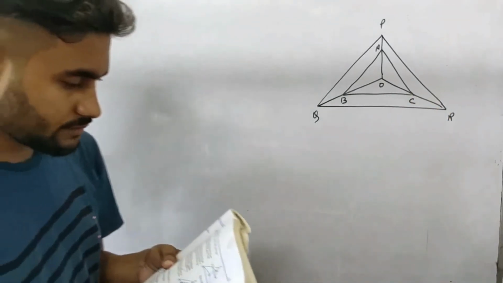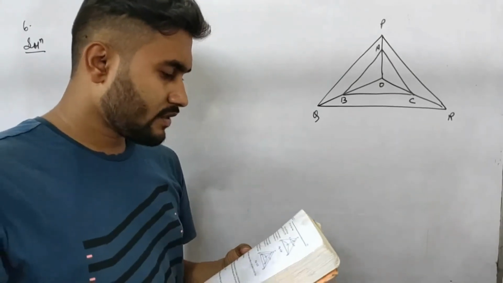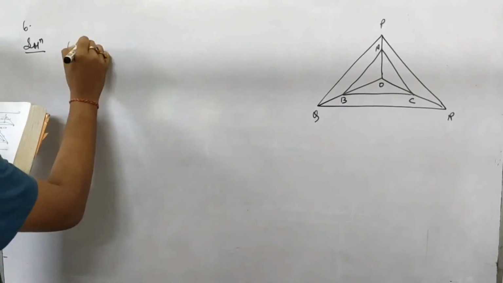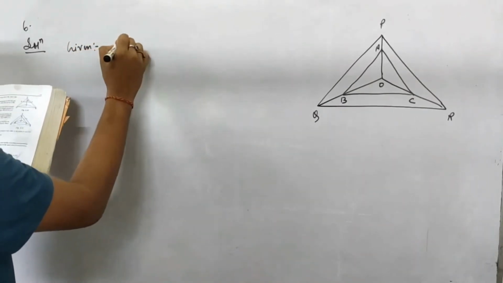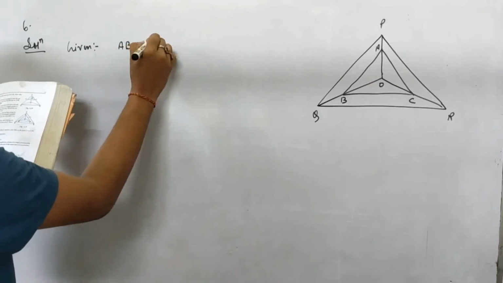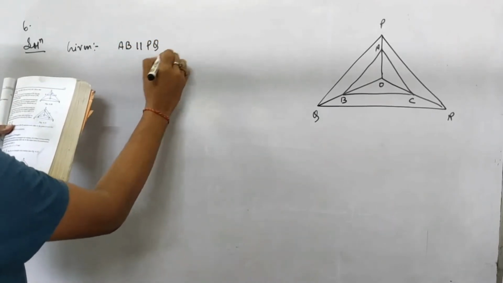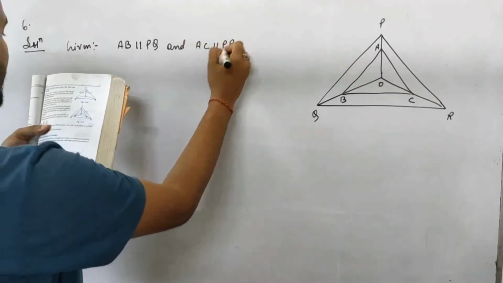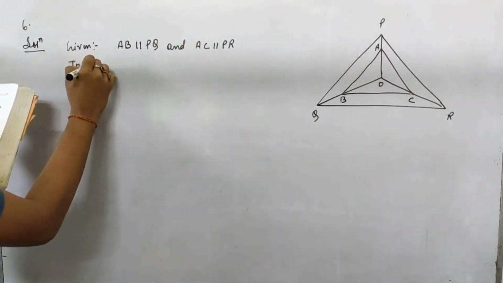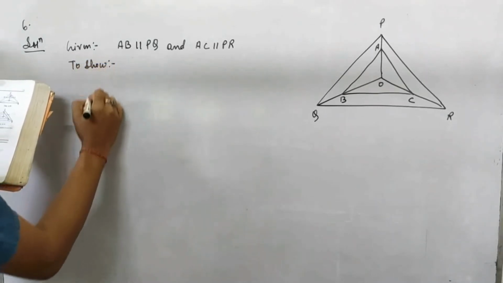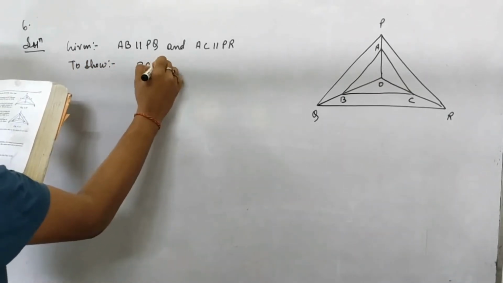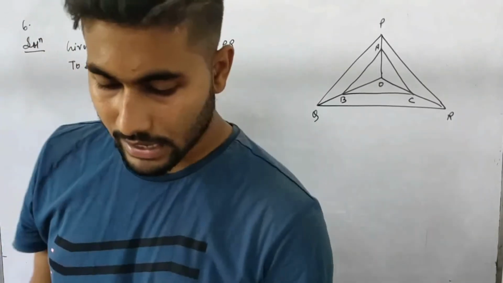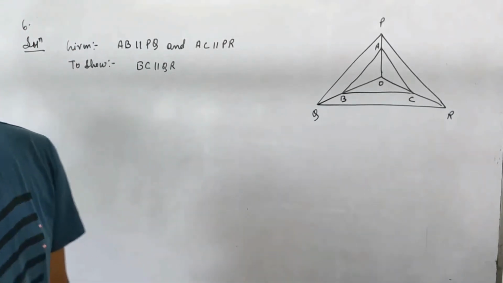This one we have already drawn, such that AB is parallel to PQ and AC is parallel to PR. To show, same as question number 5, you have to show parallel, that is BC parallel to QR, meaning at last converse of Thales theorem will be applied.